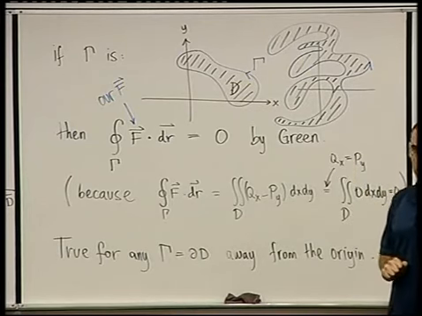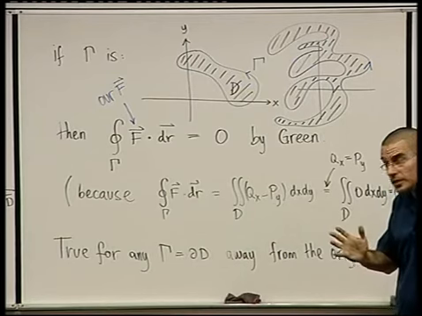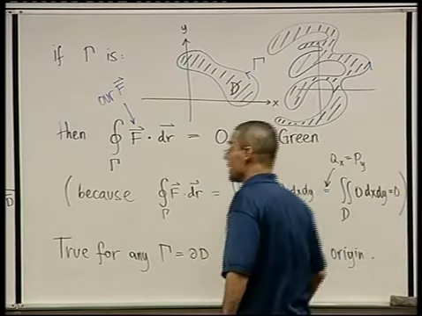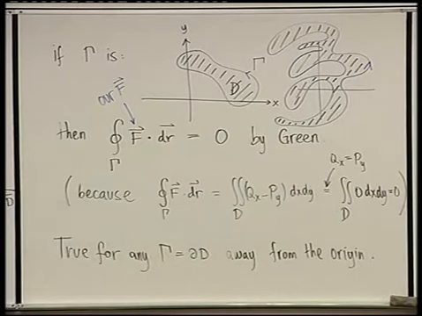What if the origin is inside? Let's see an example. I'm going to erase this. I just did the most stupid thing and erased the field, which, okay, we'll rewrite it.